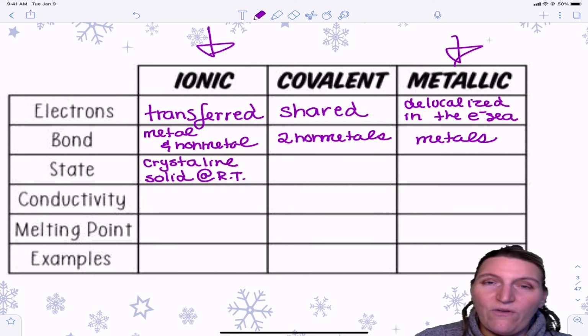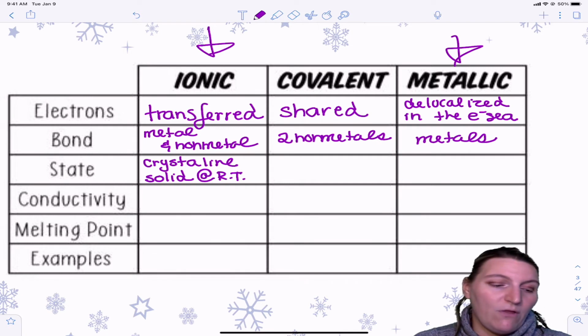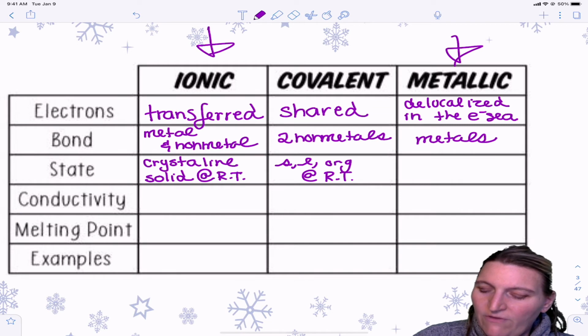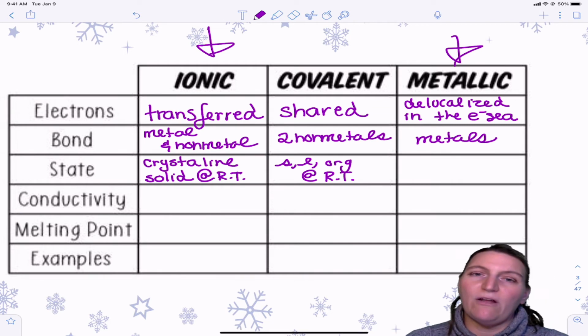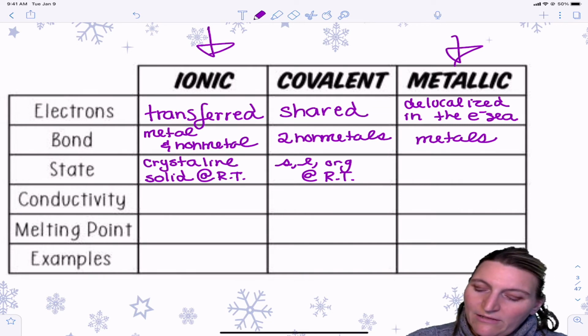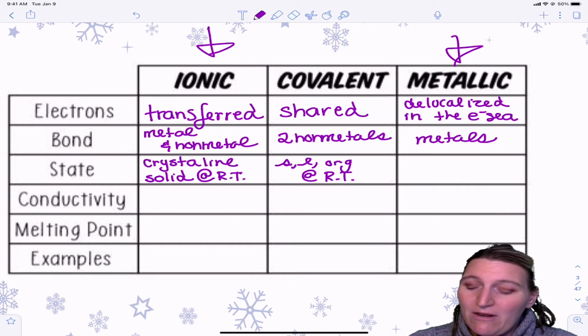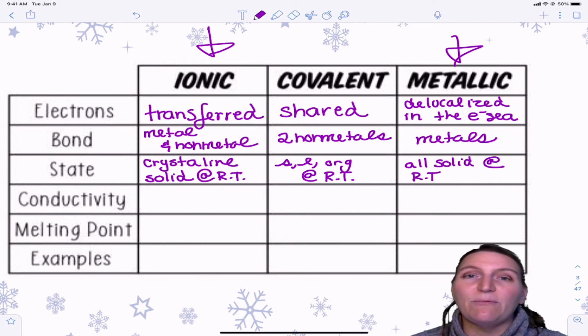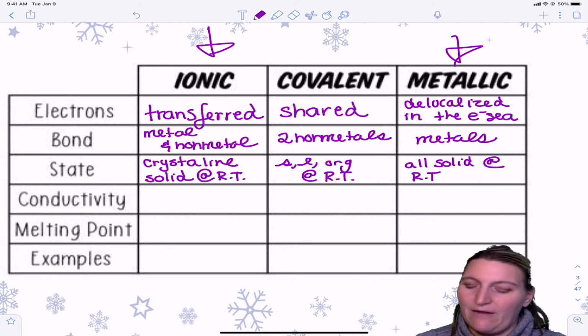In a covalent compound, we would call them molecules, and they are solids, liquids, or gases at room temperature. They're very varied in their state of matter, whereas metallic compounds are metals. They're all solid at room temperature, with the exception of mercury. Mercury is a liquid at room temperature.